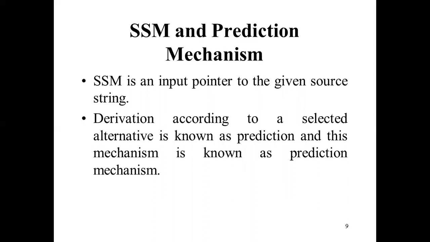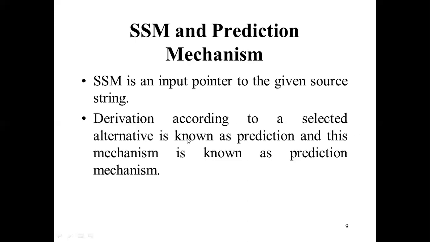Suppose we have the input string CAD. Then SSM will first check whether the first token is matching or not. The first token in the input string is C. So first we will check whether our first character is matching or not, and as per the check, we can proceed further. Whatever output we get is called the derivation.